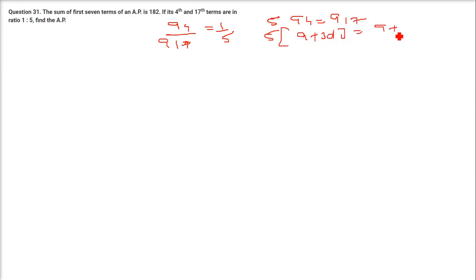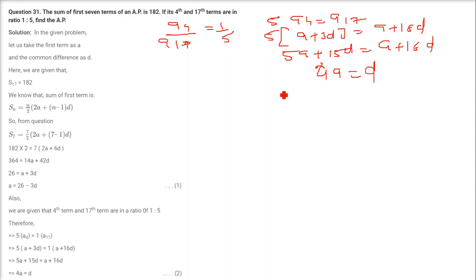What is a17? a plus 16d. So you get 5a plus 15d equal to a plus 16d. Bring this here: 5a minus a is 4a, and 16d minus 15d is d. So d is equal to 4a, which is what you get from the first expression.